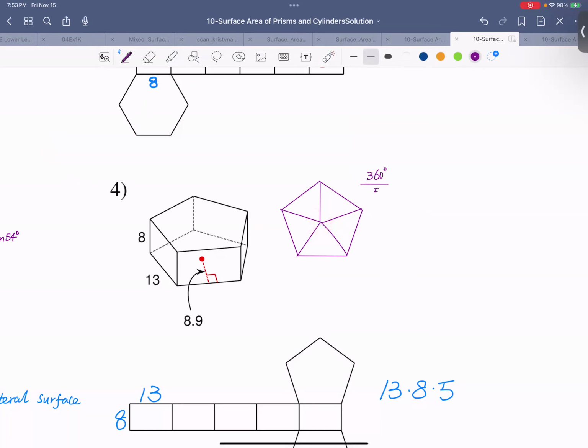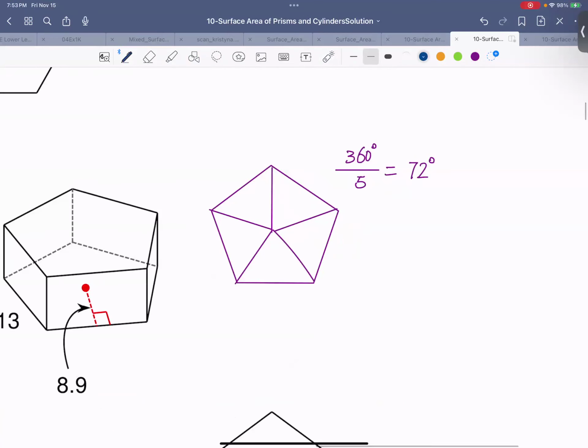Oh yeah, 360 divided by 5 is 75. Check one more time. Oh, sorry, 72. And then you will draw this thing over here. This is 72. This will be 72 divided by 2, which would be 36. Oh yeah. Right?